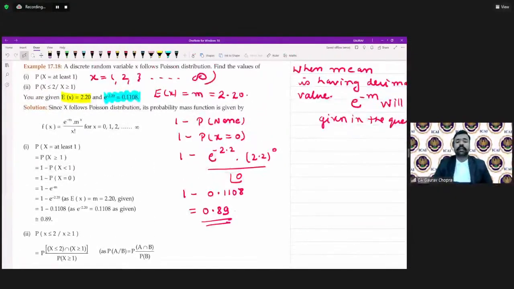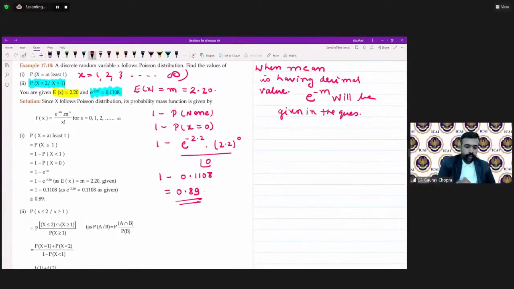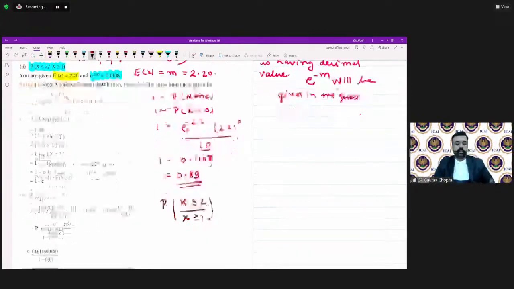Now, the second part is a bit different. The second part says: find the probability that x is less than or equal to 2 given that x is greater than or equal to 1. Now, what does this part want to say? I will write it down here: the probability where x is less than or equal to 2, divided by x is greater than or equal to 1.